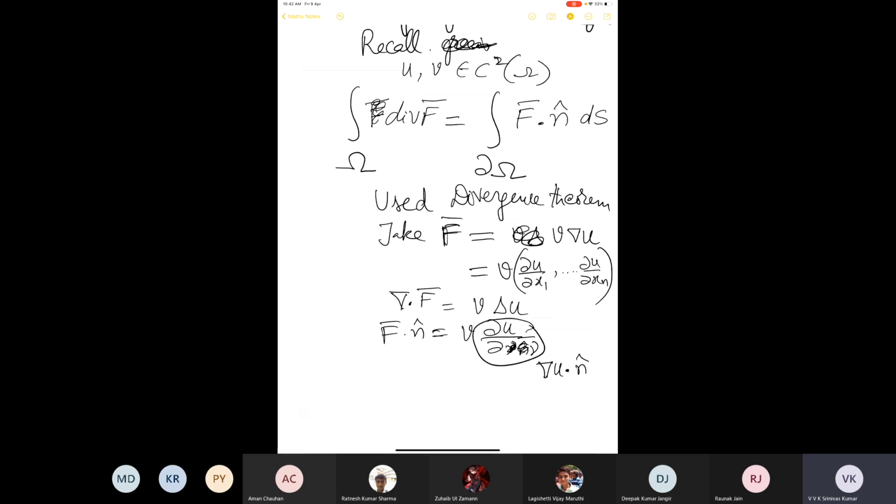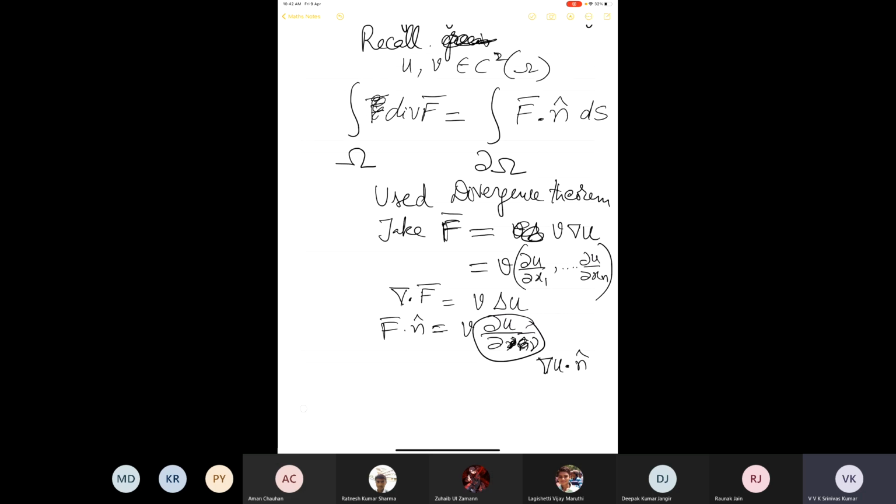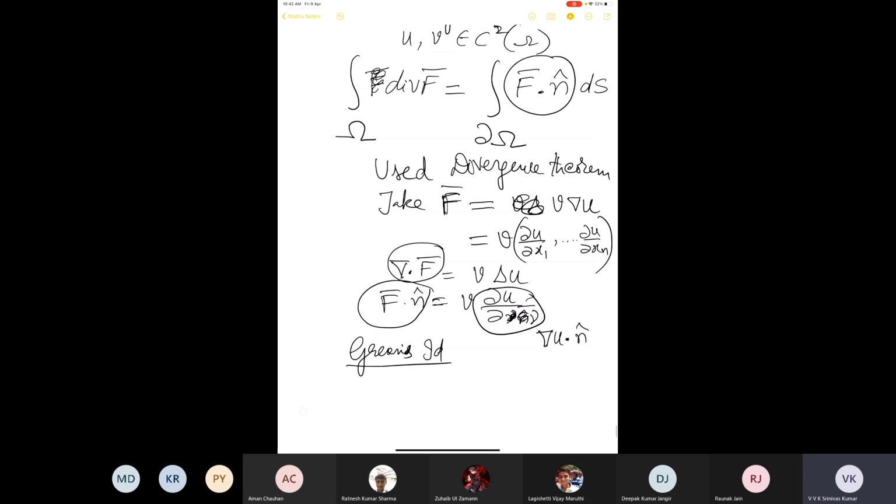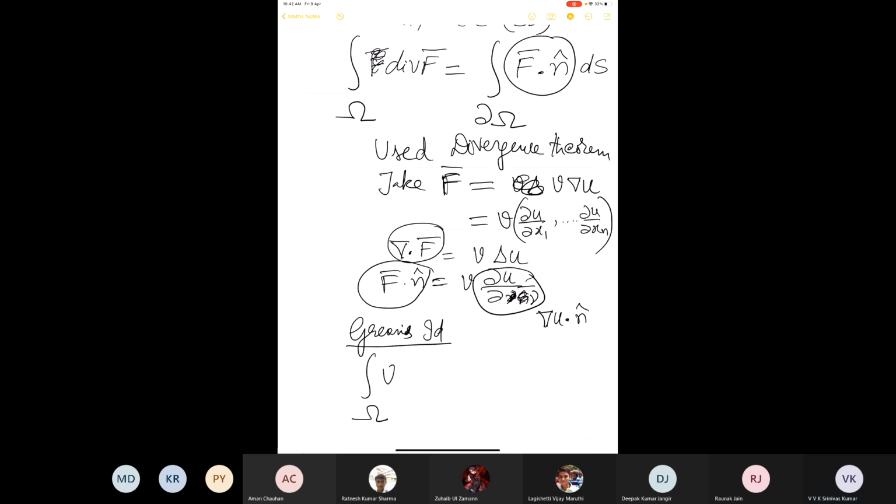Now put this divergence here, and then we have Green's identity: integral over the domain of v Laplacian of u is equal to integral over the boundary of v del u upon del nu.